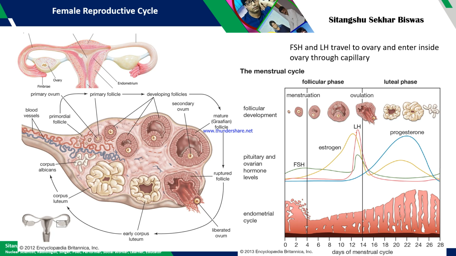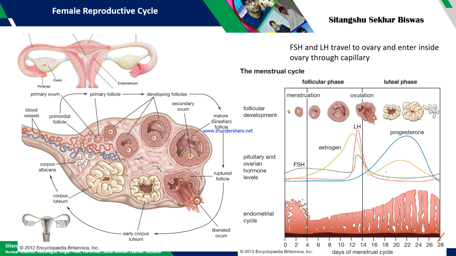Now, the female reproductive cycle is a periodic phenomenon, and it is 28 to 30 days, or sometimes 32 or 35 days also. This will repeat.